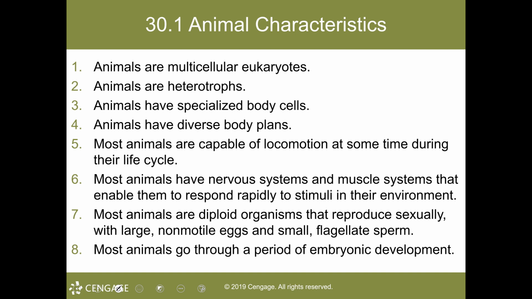You will see these on your test, so prepare yourselves to go through each of these 8 on the test. Animals share 8 defining characteristics. They are as follows. The first one, class, is that animals are multicellular eukaryotes with cells lacking cell walls, unlike plants, algae, and fungi.